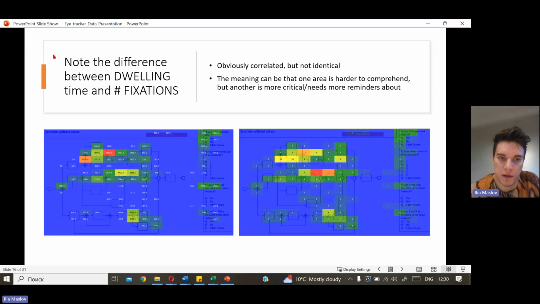For example, in this area, apparently it was looked at more. It can be either more important or more difficult to comprehend. What is then the difference between the two? Well, fixations is the number of times the person was looking at the area.